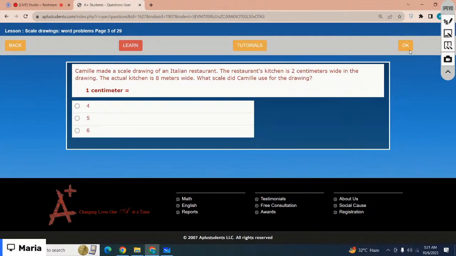You can do the question on your notebook and write the answer in the chat box. That would be 4 meters, right?